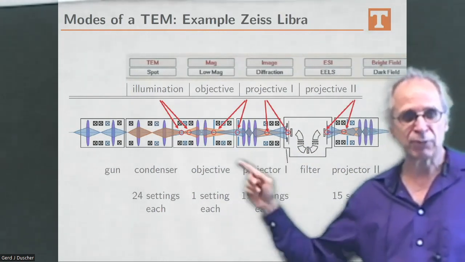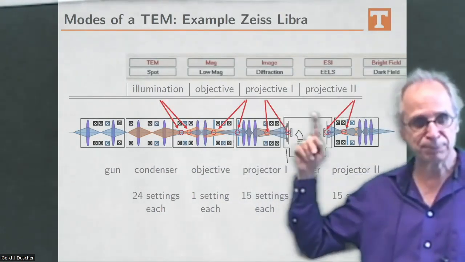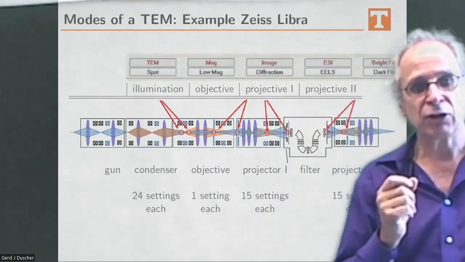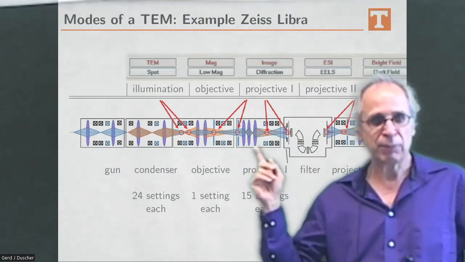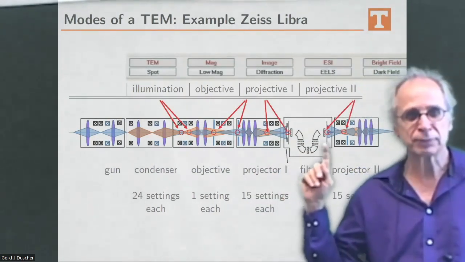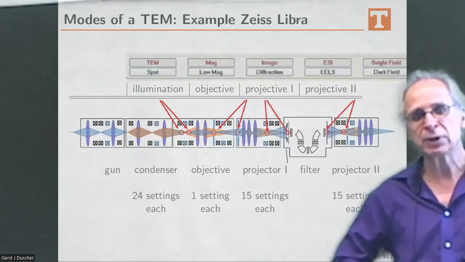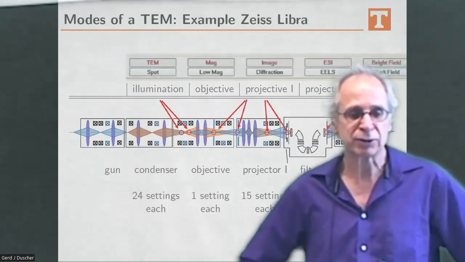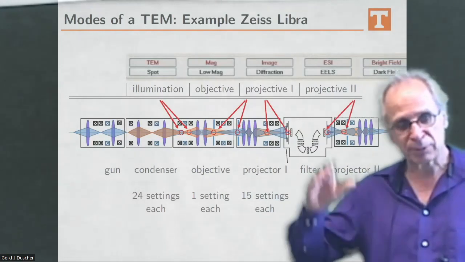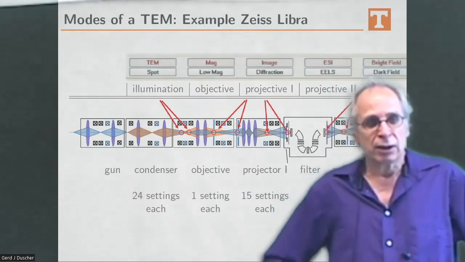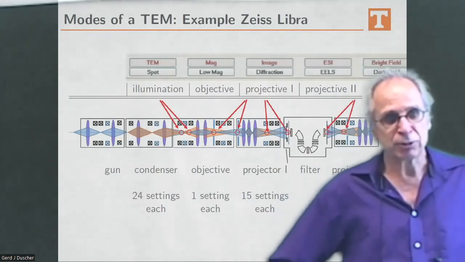And in our case, we have now an energy filter. The energy filter can be in the column as it's shown here, or it can be on the bottom. That is at most of the microscopes with just one magnet that is bending the electron beam. That is relatively easy to understand.